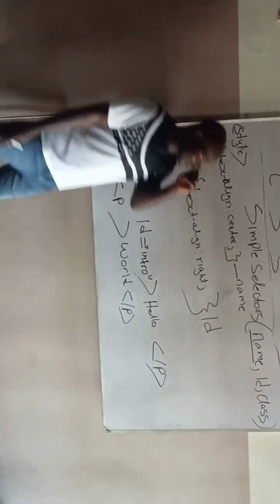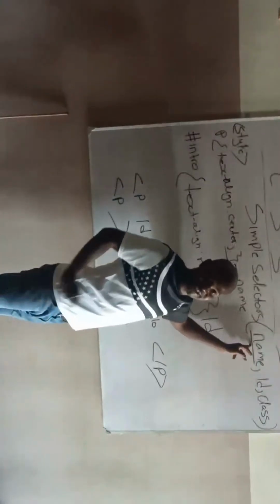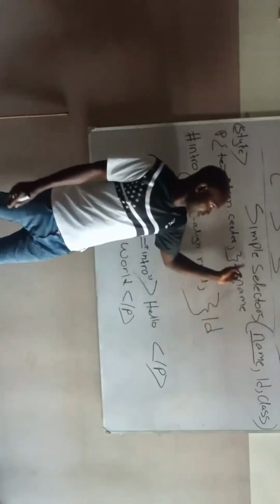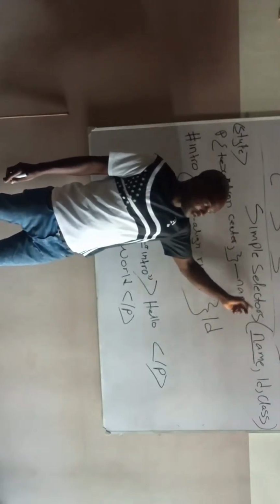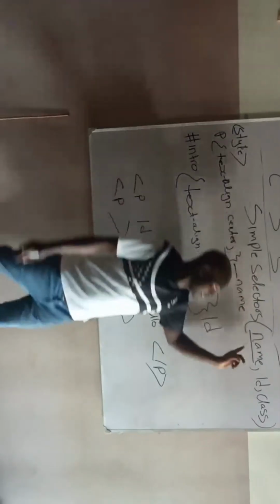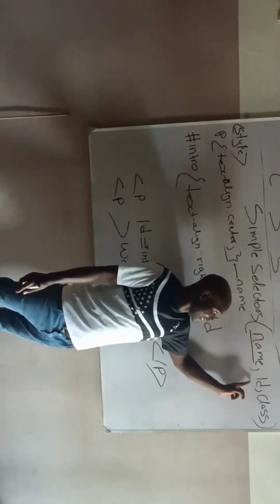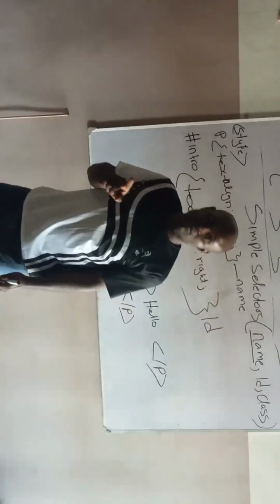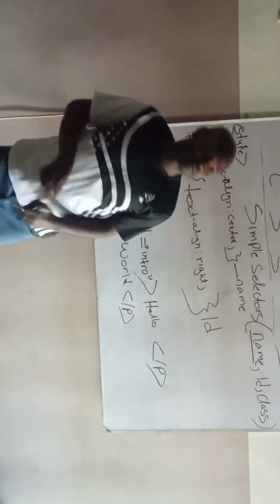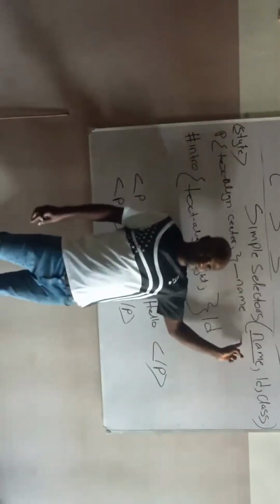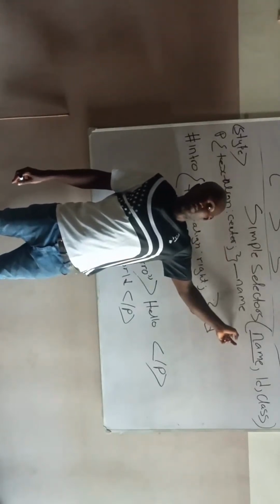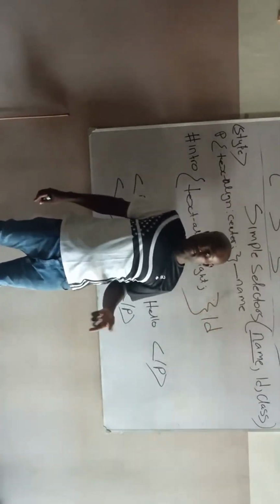Once you're able to understand how to use name to target the name of the element, look at the definition. It says simple words, selector. Use what? Name, ID and class to do what? Select a particular element. Name is used to select the name of the element.